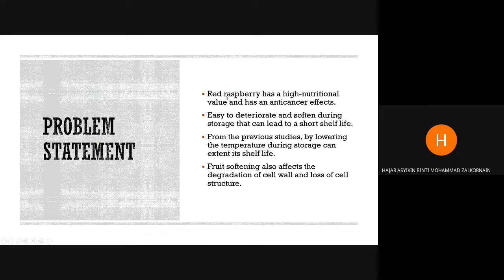Red raspberry has high nutritional value and anti-cancer effects, but it easily deteriorates and softens during storage, which leads to a short shelf life. From previous studies, lowering the temperature during storage can extend its shelf life. Fruit softening also affects the degradation of the cell wall and can cause loss of cell structure.